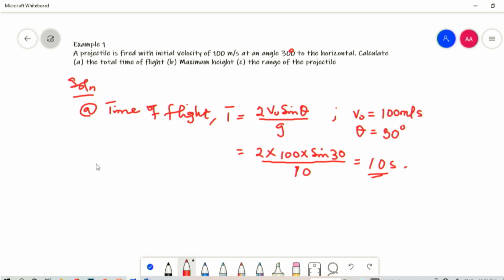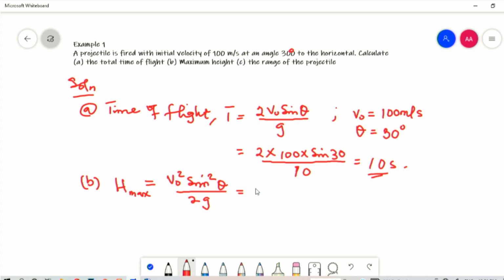B, the maximum height, also we state the formula, then substitute our parameters. H max is equal to v naught square, then sin square theta upon 2g.